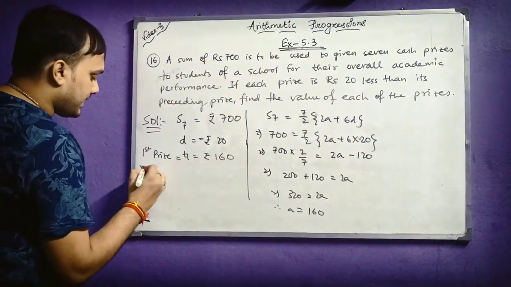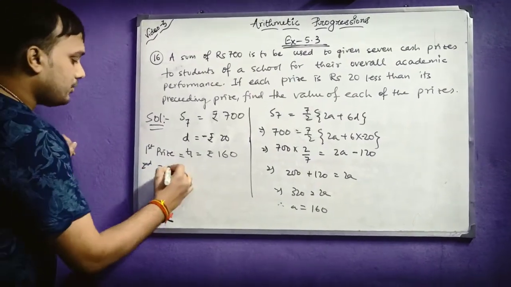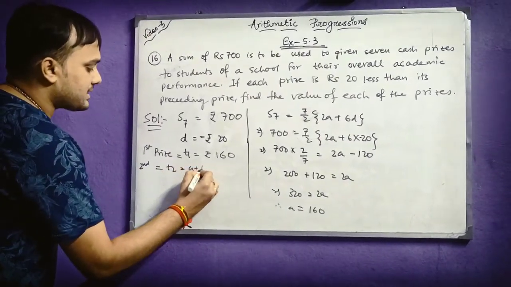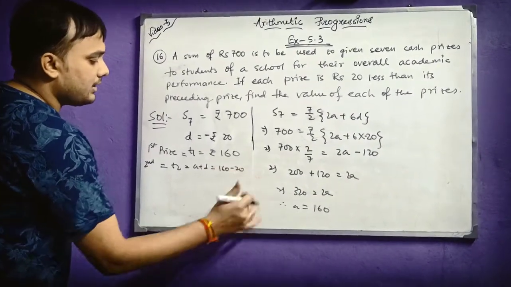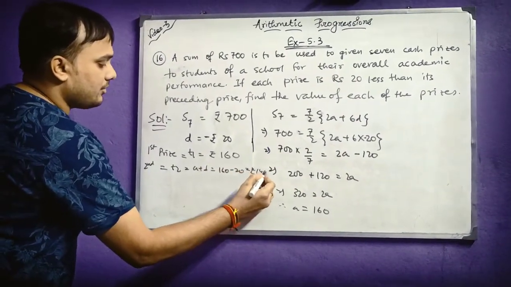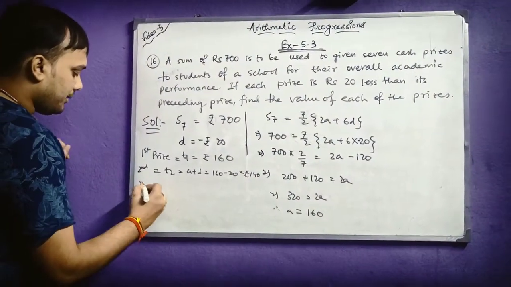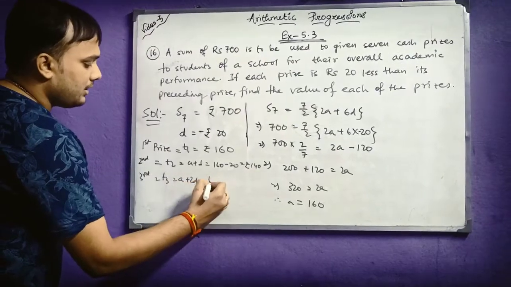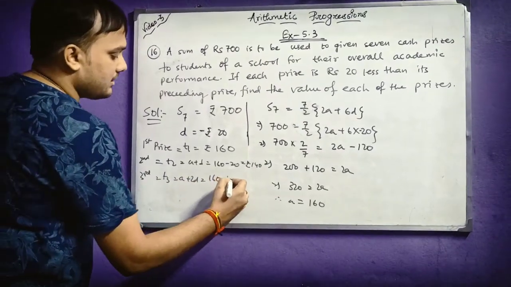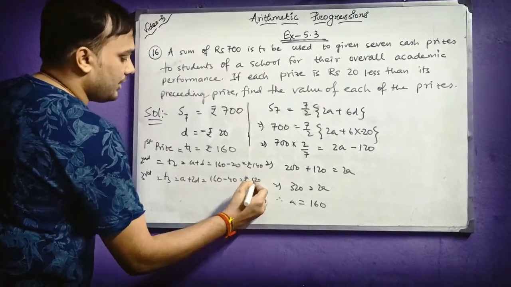The second price is T2, which is a plus d, which is 160 minus 20, which is rupees 140. The third price is T3, a plus 2d, 160 minus 40, rupees 120.